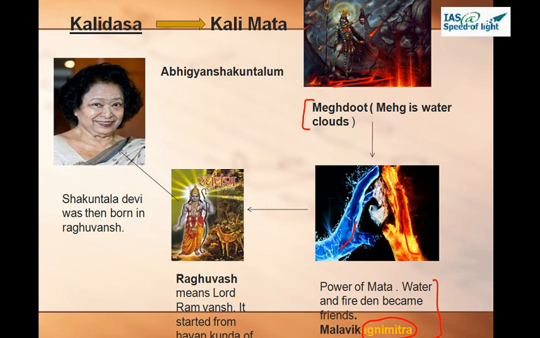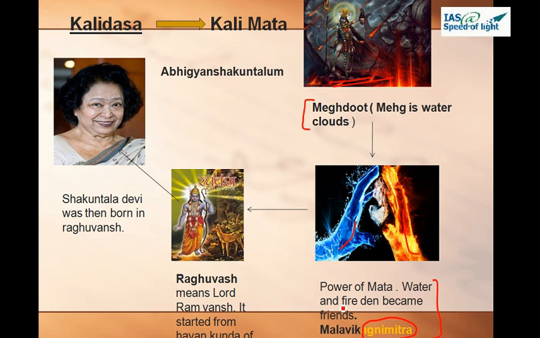This full name will come to you once you complete the 36 hours, the third revision cycle. At that time you will reach the state with Agni Mitram only. You will come to know the full word, that is Malavik Agni Mitram. But for now, we are relating only Agni Mitram. Agni is fire and Mitra means friend. So Agni Mitra, water and fire then become friends.